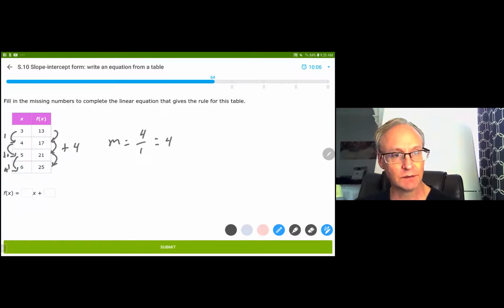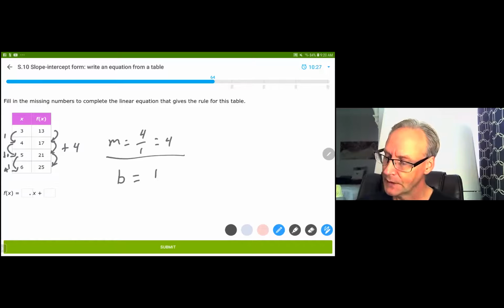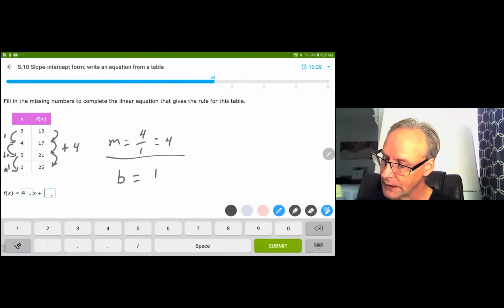And if you multiply by 3 times 4, you need to add 1 to get to 13. And 4 times 4 is 16, plus 1 more makes 17. So our slope is 4, and our y-intercept, or the amount that's being added, is 1. Of course, we could do the y equals mx plus b and all that, but hopefully you see the shortcut. That is 4 and 1.